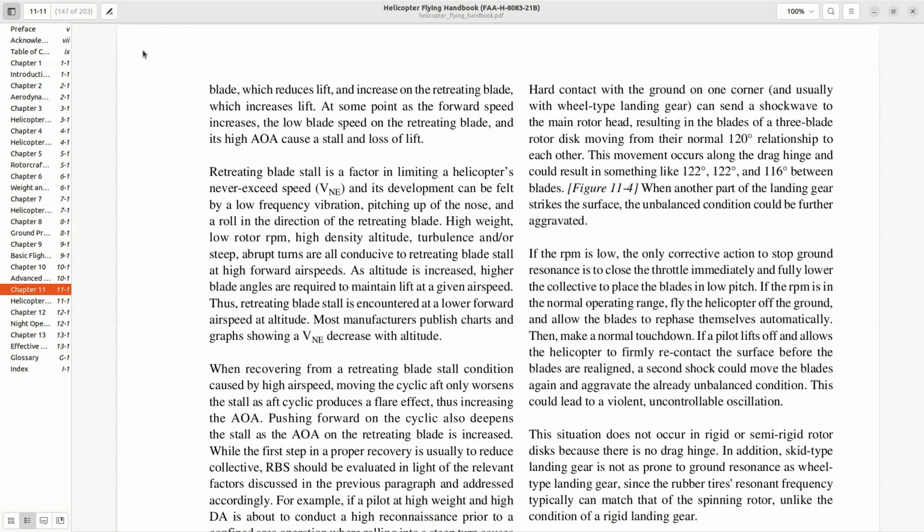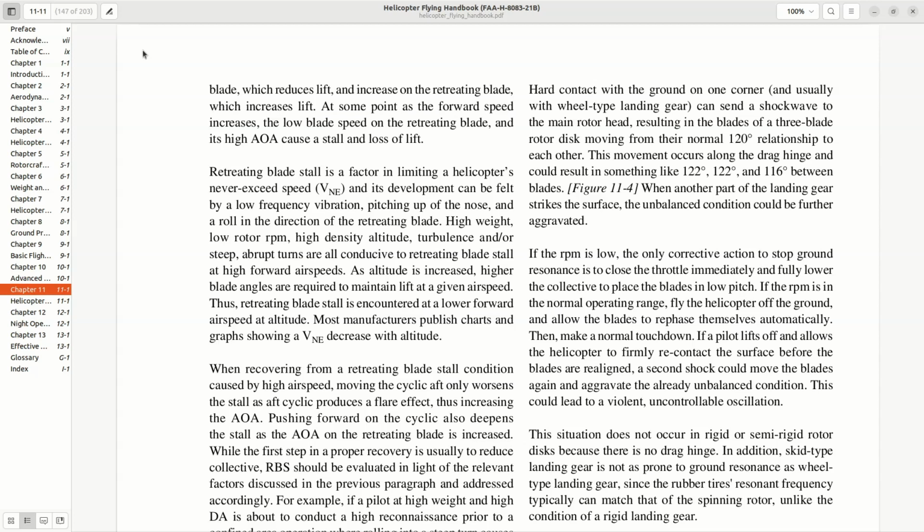So why does it pitch up? Well, remember that thing called gyroscopic precession. So once you have a decrease in lift on the retreating blade side, that is felt 90 degrees later. So instead of being felt on your left in a standard helicopter, that is felt at the rear.